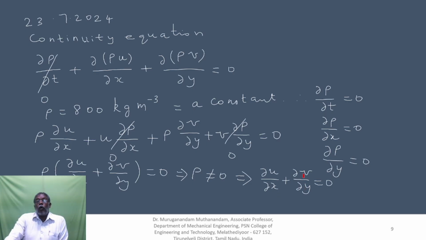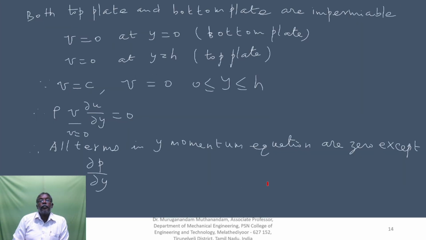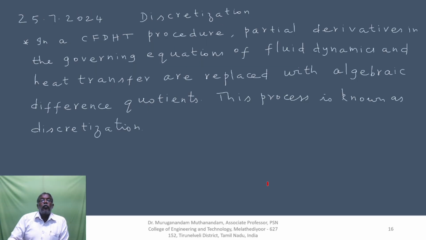These two quantities have to be replaced with algebraic quotients. What do you mean by algebraic quotients? That I shall explain in the further slides. So this procedure is called discretization. The partial differential quantities are replaced with algebraic difference coefficients.